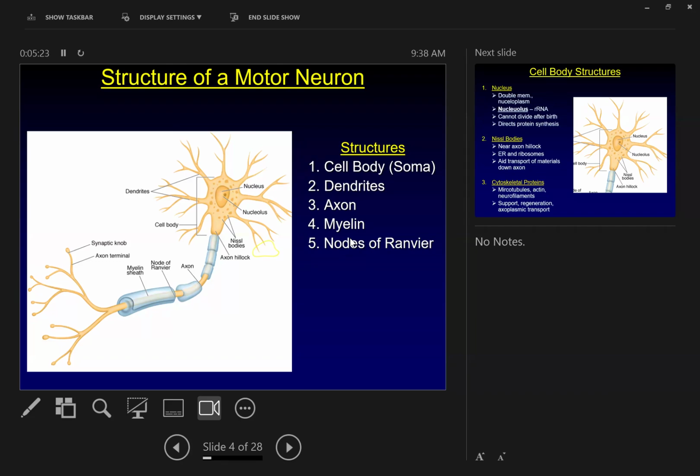The long structure, the thing you think about as a nerve, is really the axon. You have a cell body in the spinal cord, and then it spits out this rope-like structure that leaves the spinal cord and runs all the way out to the muscle that it's connected to. That's the axon.